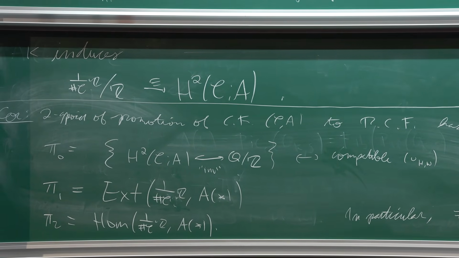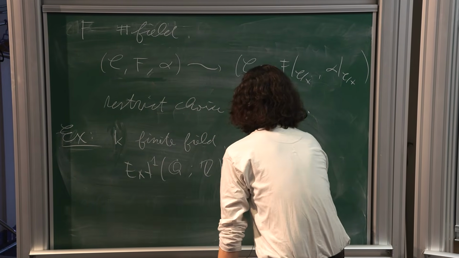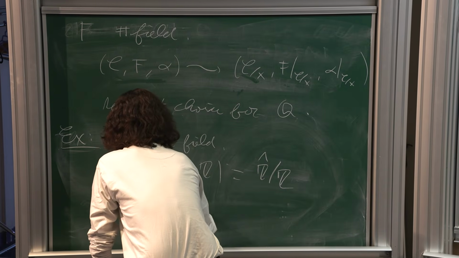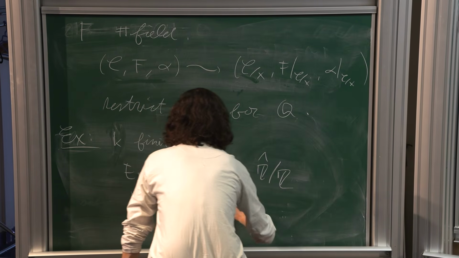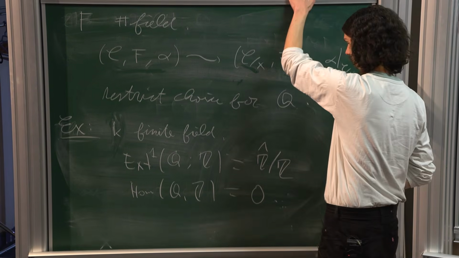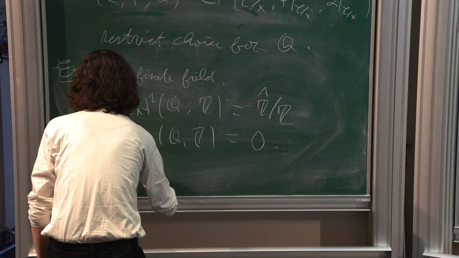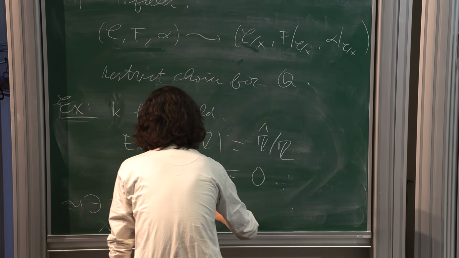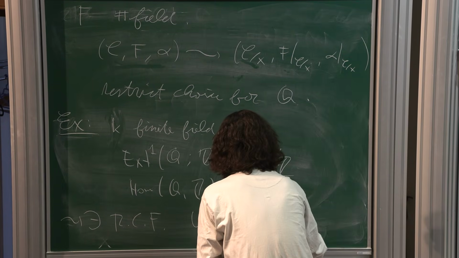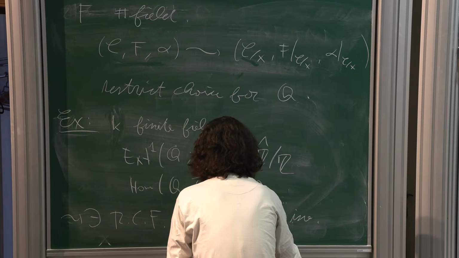But if you calculate the X1 from Q to Z, you get a rather large group, Z hat mod Z. In this case, the Hom is 0. So there exists a refined class formation. It is unique up to isomorphism. The choice of lift is unique up to isomorphism, but the isomorphism is non-unique.